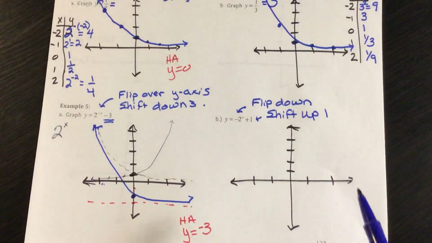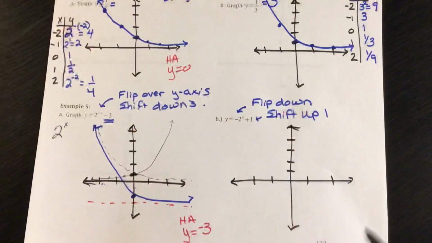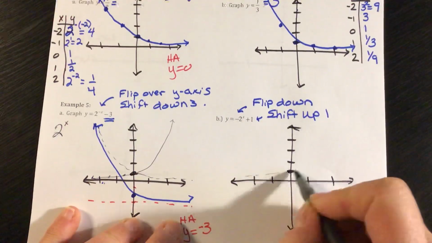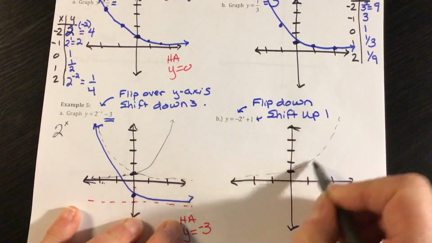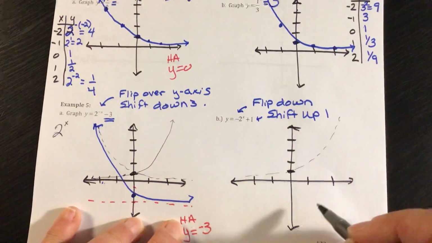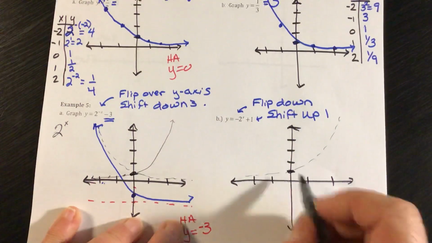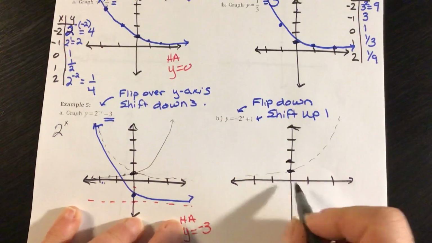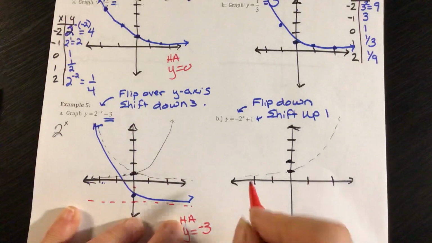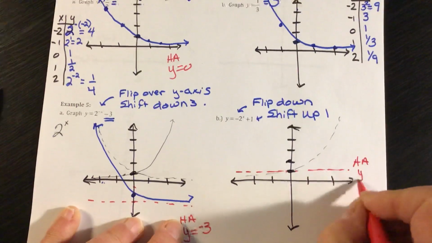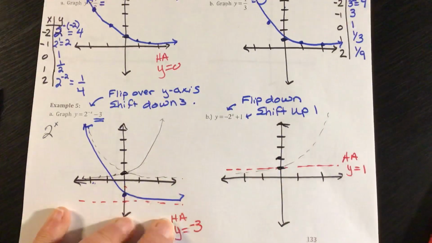All right, so again, if I look at just the parent function here, here's 2 to the x power, and I'm going to turn it down and raise it up 1. So this point is going to come up here, and I have a new horizontal asymptote, which is right here at y equals 1, and it's going to turn down.